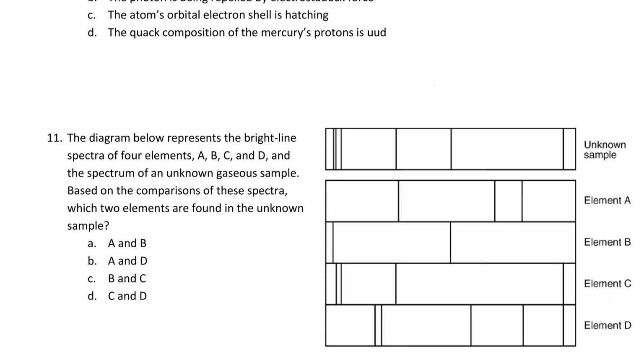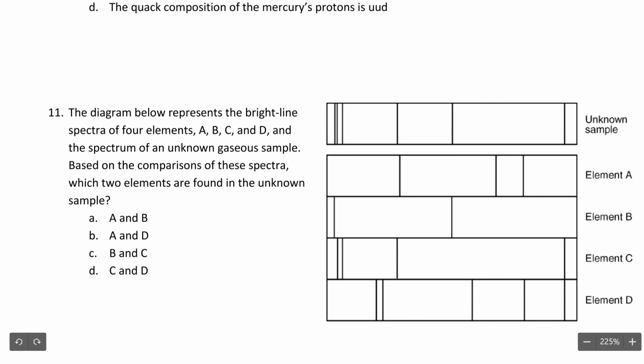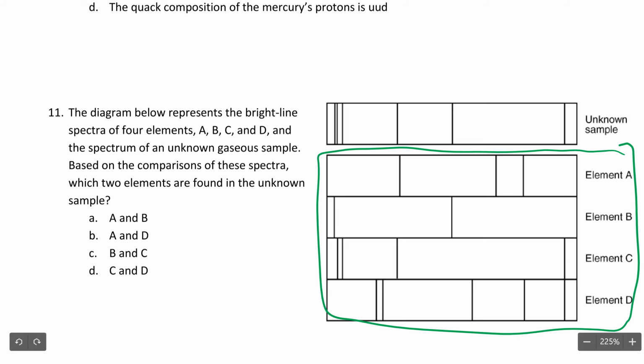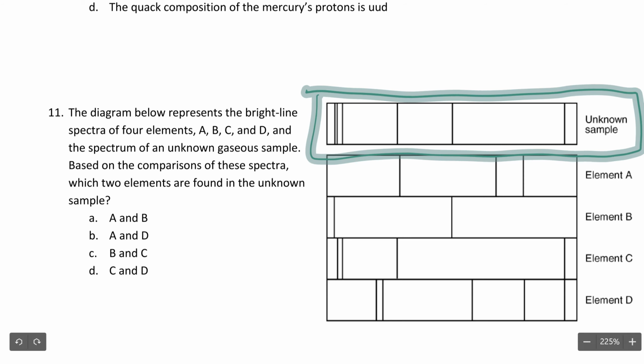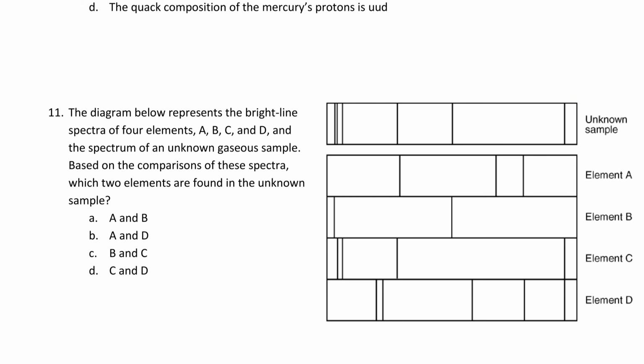Number 11 says the diagram below represents the bright line spectra of 4 elements A, B, C, and D. That's these 4 over here. And the spectrum of an unknown gaseous sample. Based on the comparisons of these spectra, which 2 elements are found in the unknown sample?